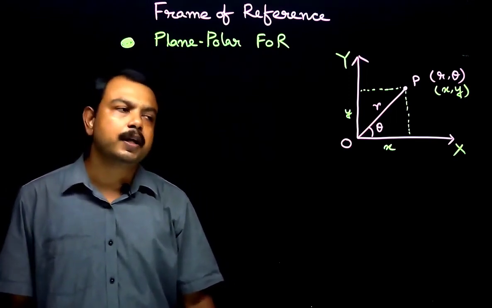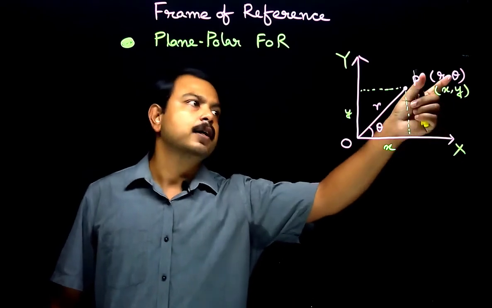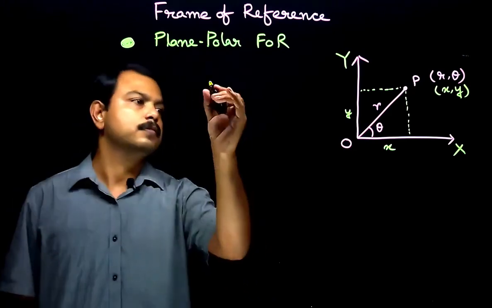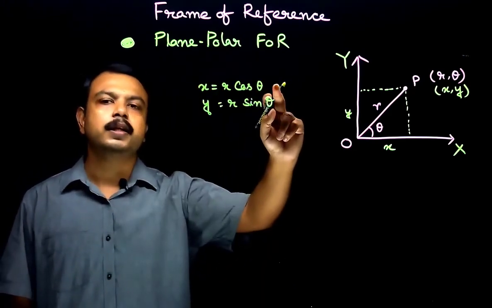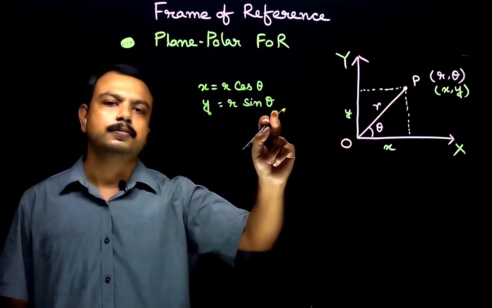Now using geometry, we can find a relation between this r, theta and x, y. So x can be represented as r cos theta and y can be represented as r sin theta.